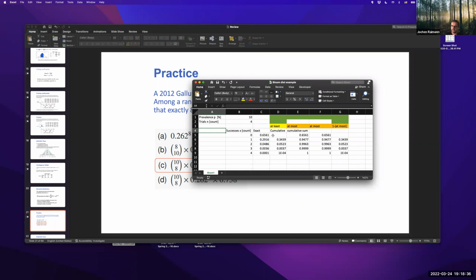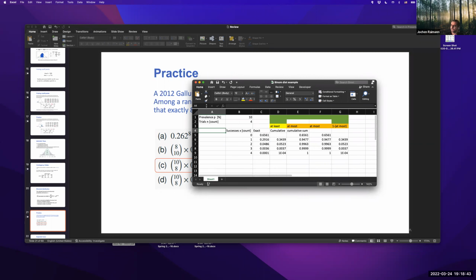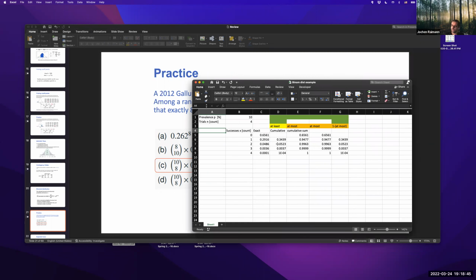There's another one, that was session 2, I believe. In session 2, you have a spreadsheet that allows you to calculate the exact probability. You have a known prevalence and a certain trial count. Know what the exact probabilities are for each of these success counts, and also understand cumulatively how to approach this.